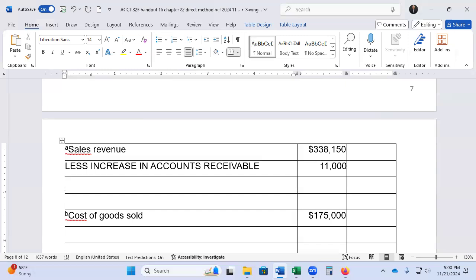You can check that box off. We don't have any other related transactions, so this is cash from customers, and that's 327,150.